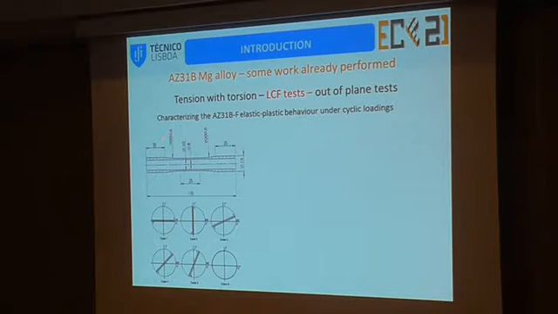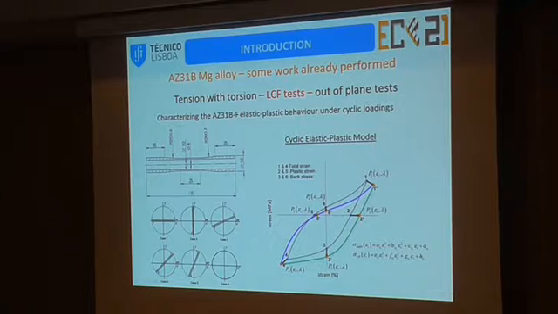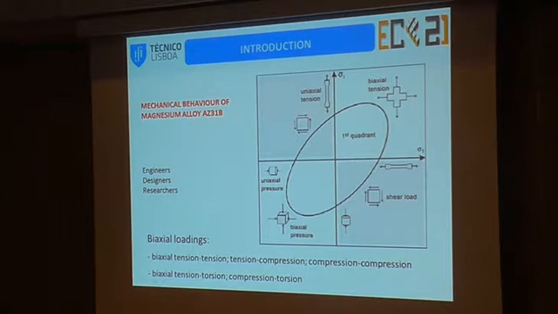After that, we also performed more cases, and then we proposed a cyclic elastoplastic model to take into account this asymmetric behavior of this alloy, and we proposed a cubic polynomial to fit this behavior, which is already published.